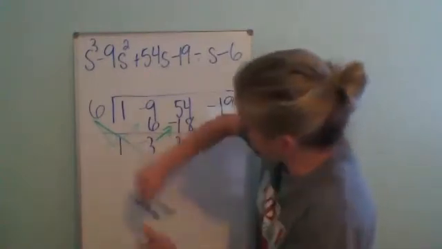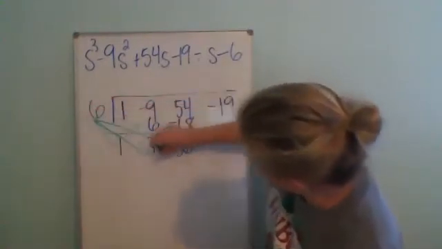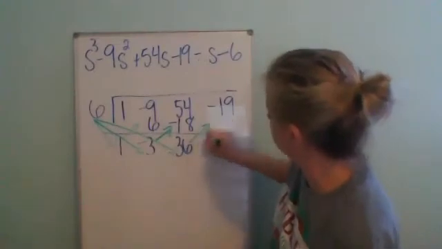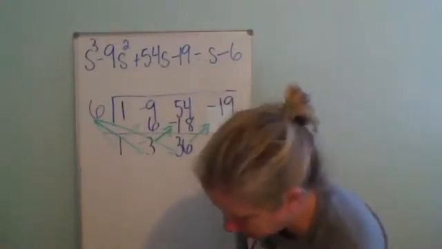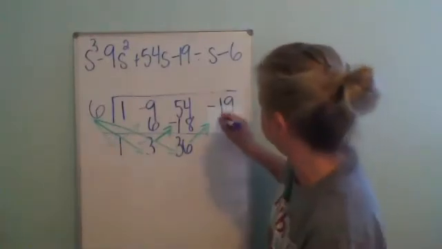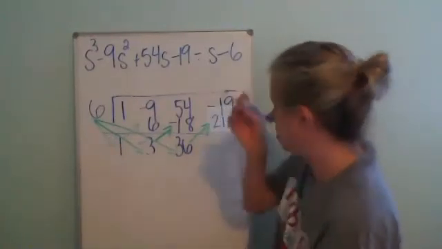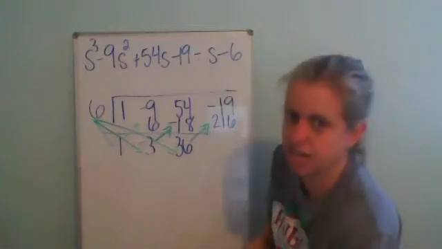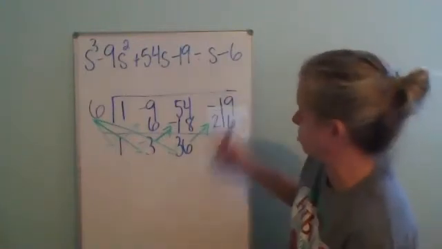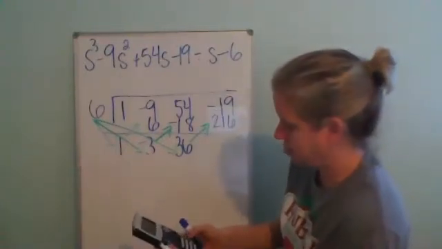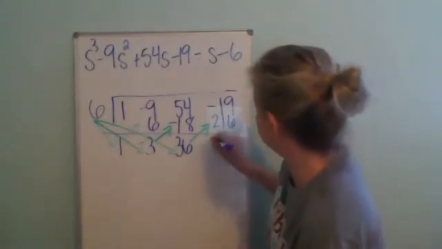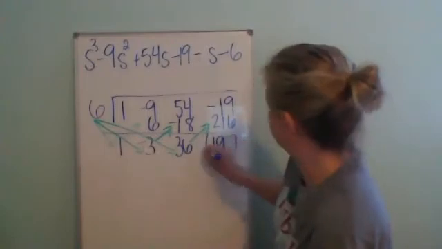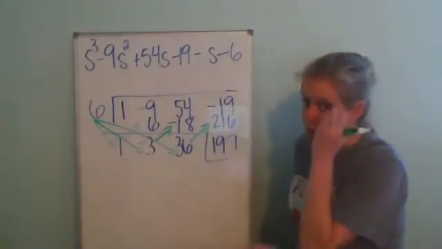And then the last one, 6 times 36, and put your answer under that -19. So 6 times 36 gives you 216. And then add that straight down. Again, if you want to put that in your calculator, you just do -19 plus 216, which gives you 197. And that's your remainder, the 197.